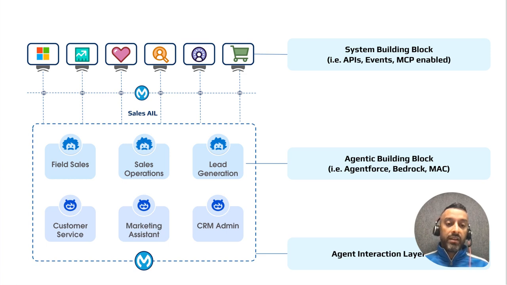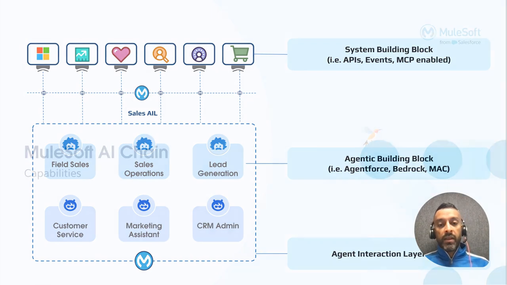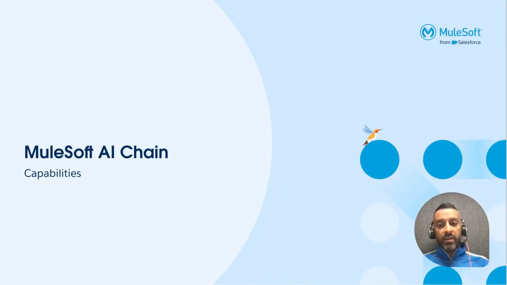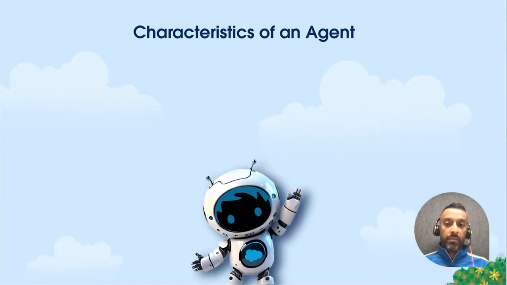And finally, the agent interaction layer is this domain entity, the boundary within which agents can completely act autonomously, but only talk to the AIL itself. To implement an agent interaction layer, you need to think about agents as a product. And that's what we are enabling with the MuleSoft AI Chain.